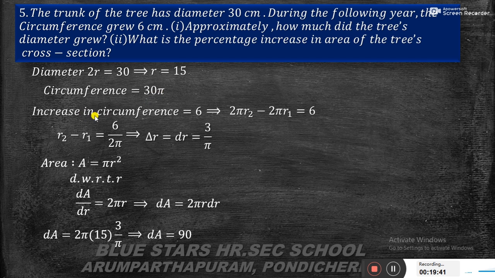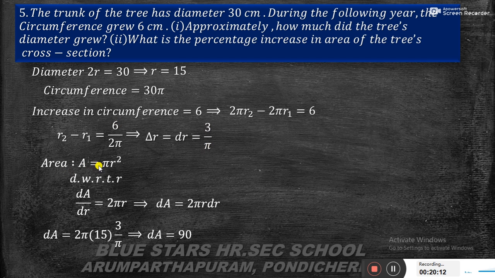The increase in circumference is 6, so 2 pi r2 minus 2 pi r1 equals 6. Taking 2 pi common, r2 minus r1 equals 6 by 2 pi, so dr equals 3 by pi.